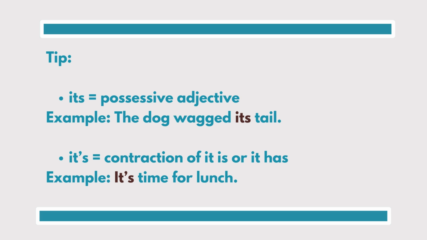It's time for lunch. So it's time for lunch is the same thing as it is time for lunch. So the apostrophe there tells us that a letter has been removed, which is i. So instead of saying it is time for lunch, we say it's time for lunch.